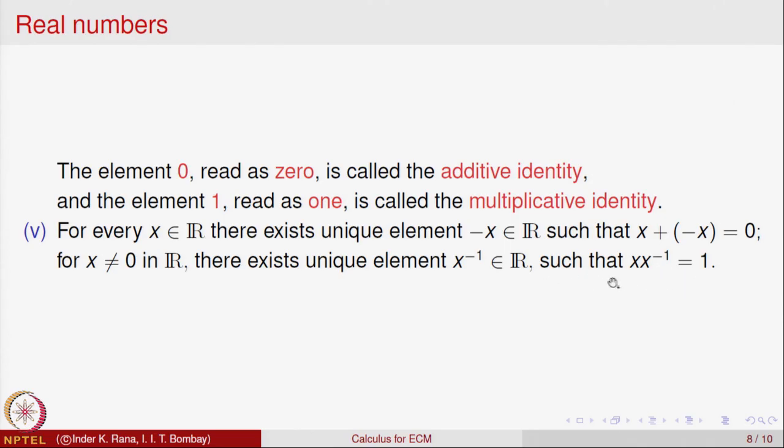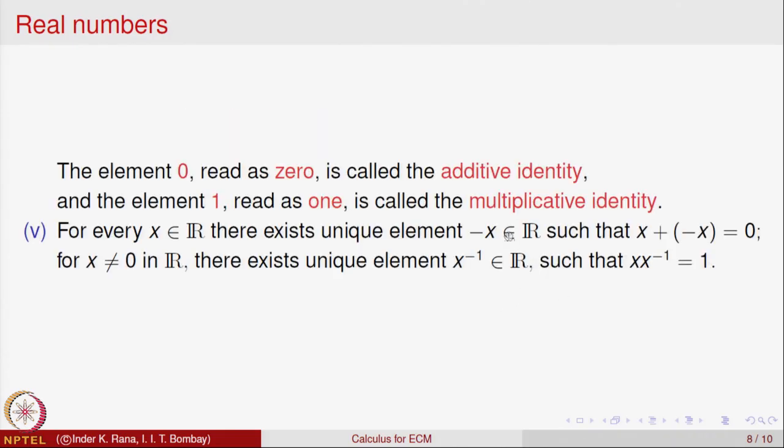So, the number minus x is called the additive inverse and the number x upper minus 1 is called the multiplicative inverse of the number x. Every element in R has an additive inverse and every non-zero element in R has a multiplicative inverse. So, these are the algebraic properties.